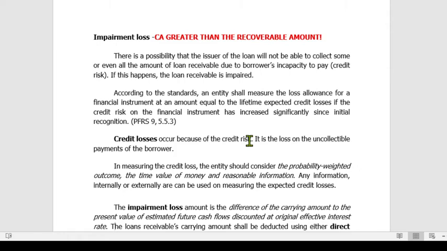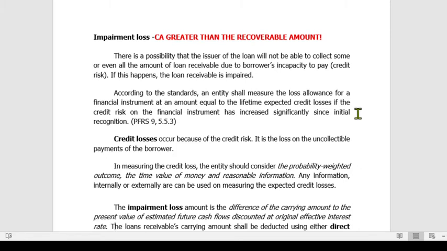So, ang sinasabi lang under the PFRS 9 ay, an entity shall measure the loss allowance for a financial instrument at an amount equal to the lifetime expected credit losses if the credit risk on the financial instrument has increased significantly since initial recognition.